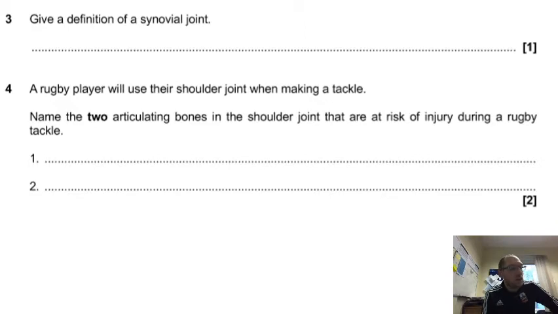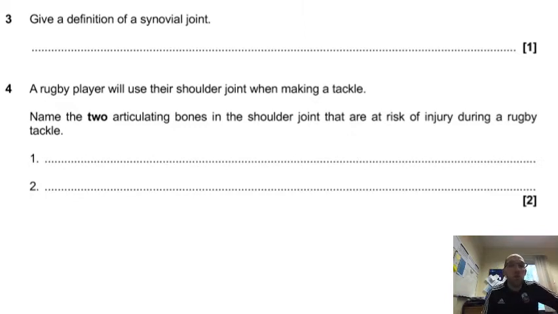However, this is a definition of all joints rather than a synovial joint in particular, so was too vague. Descriptions of the role of synovial fluid needed to be linked to a synovial joint and that the fluid enables free movement to take place to gain credit. So we're looking for the definition of a freely movable joint, or freely movable allows for movement.